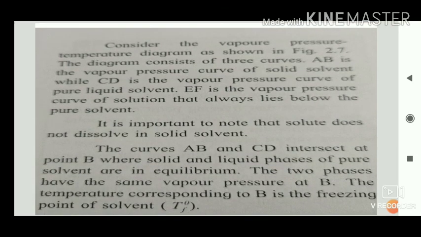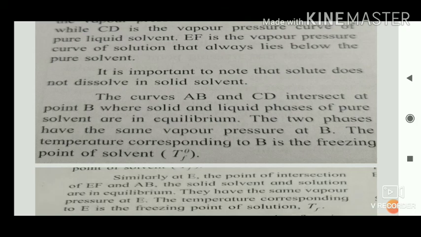The curves AB and CD intersect at point B, where solid and liquid phases of pure solvent are in equilibrium. The two phases have the same vapor pressure at B. The temperature corresponding to B is the freezing point of the solvent, that is TF naught.